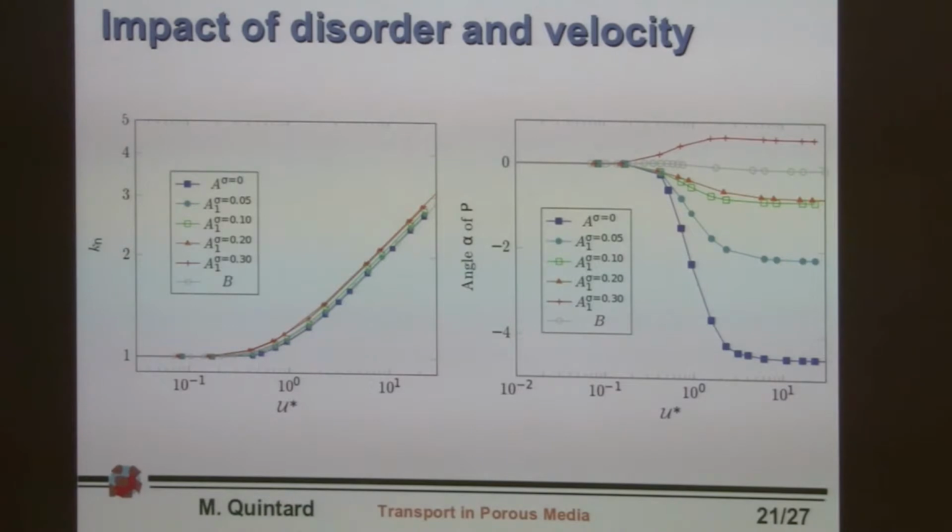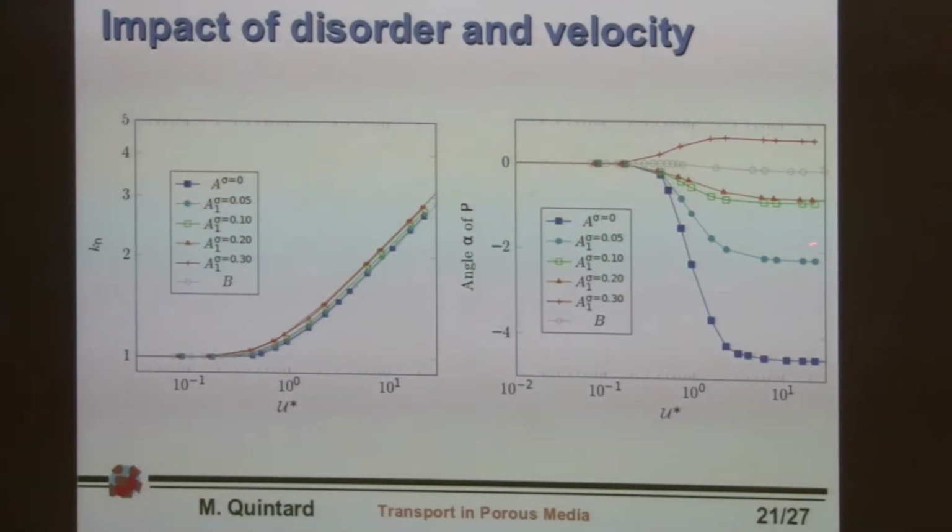And now another perspective on that. This is the impact of disorder. I change the variance here from 0 to a highly disordered system. So I get a cloud of apparent permeability versus the velocity. And in terms of the angle, for the disordered periodic array, I get something like that.